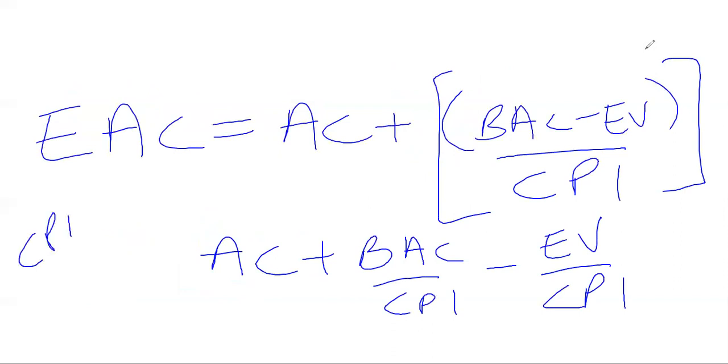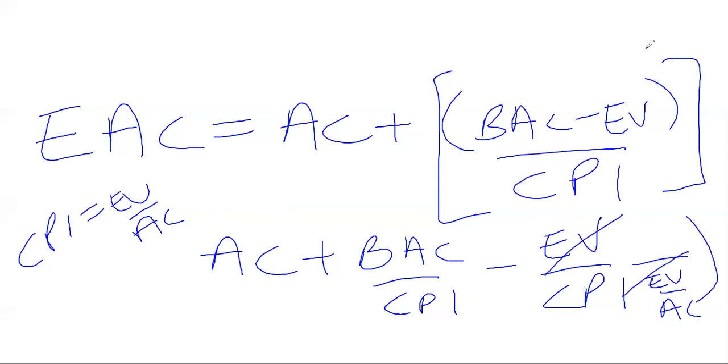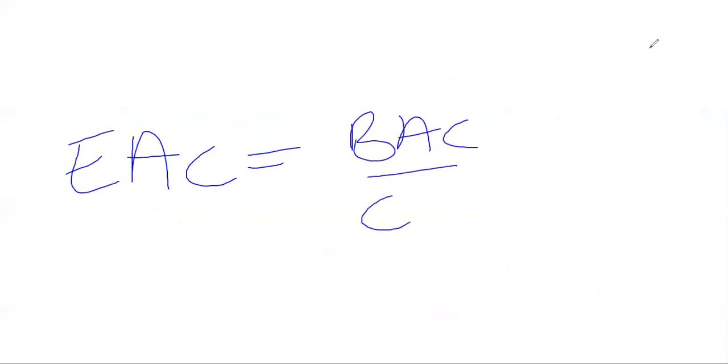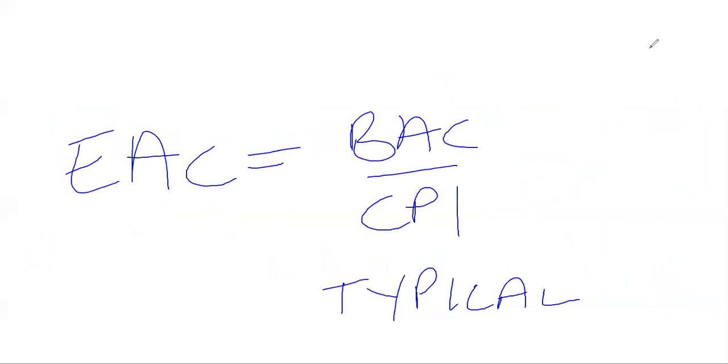Side note, CPI is EV divided by AC. So if you put that in here, you really have EV divided by AC. What happens? EV cancels EV and AC comes to the top. And this is a positive AC and this is a negative AC. And that's how you arrive at that formula. So when you boil it all down, EAC equals BAC divided by CPI. Again, typical cost variances.